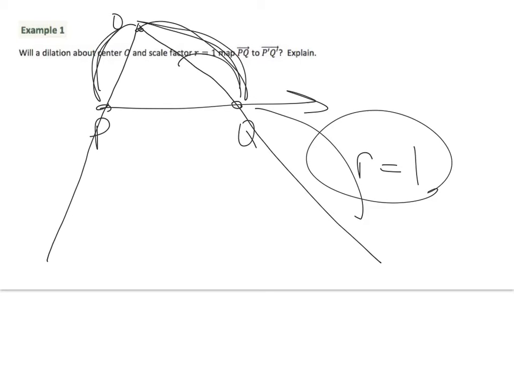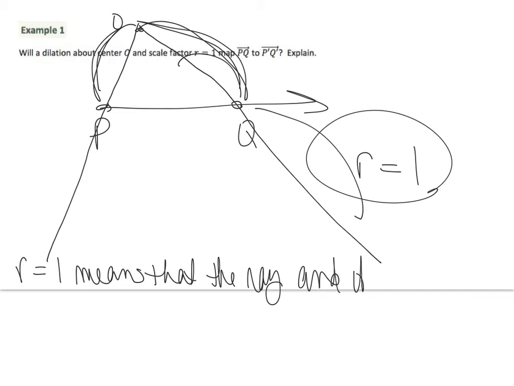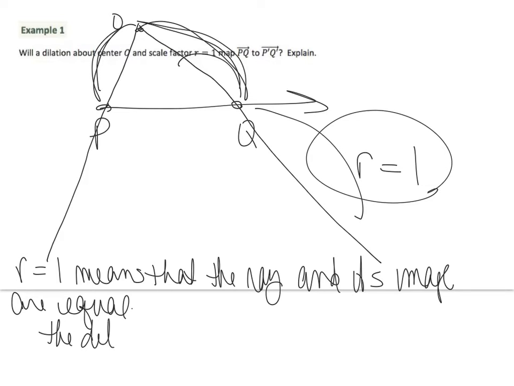It's a scale factor of 1. So a scale factor of 1 means that the ray and its image are equal. The dilation doesn't enlarge or shrink. The figure remains unchanged. So with a scale factor of r equals 1, the dilation maps the ray to itself.